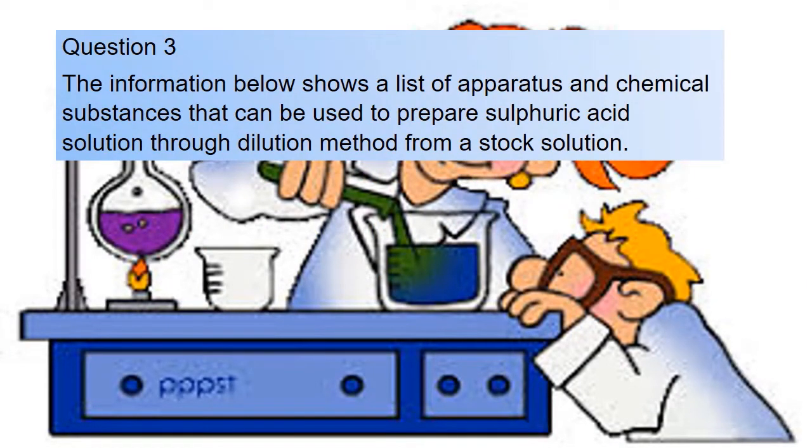Question 3. The information below shows a list of apparatus and chemical substances that can be used to prepare sulphuric acid solution through the dilution method from a stock solution.